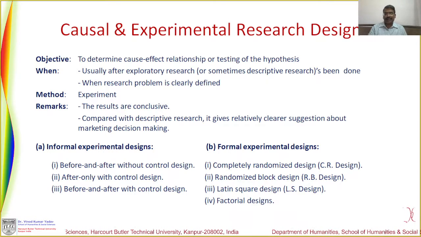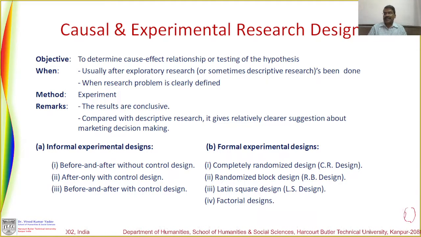We'll take that in coming slides, but before that, there are two types of experimental designs. One is informal experimental design and the other is formal experimental design. Now in informal experimental design, the main key point is control.